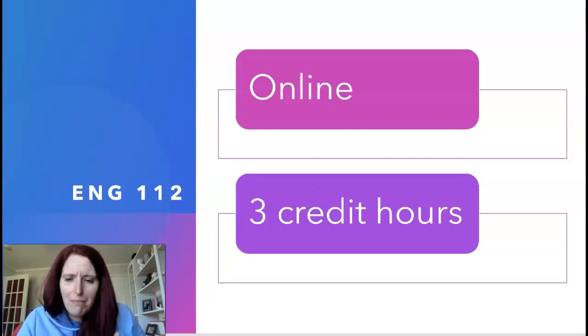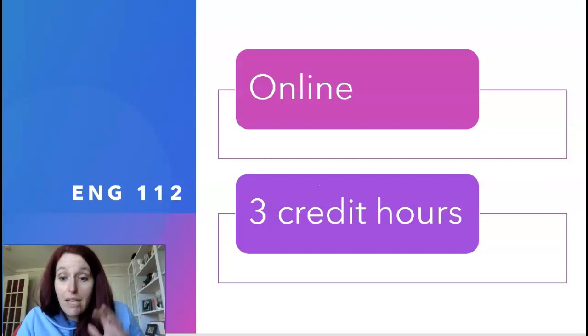That's not a requirement. I may have some opportunities for us to get together as a class as we move through the semester, but by and large, this is done on your own time, as your schedule allows, in weekly modules. It's not a self-paced class, so every week you'll have a certain amount of work to do.